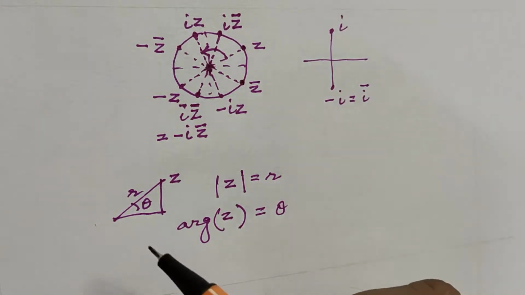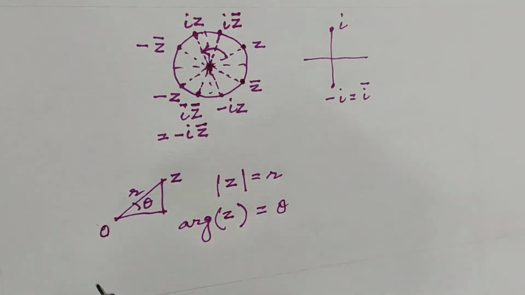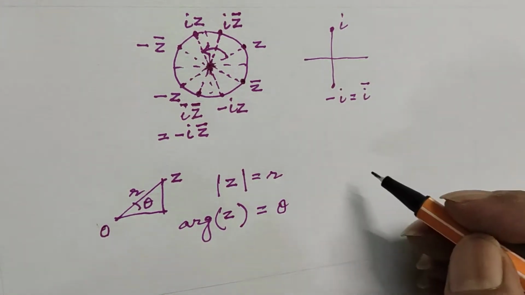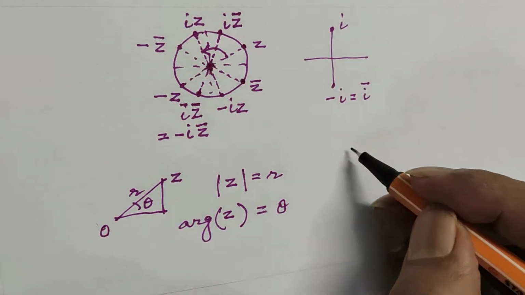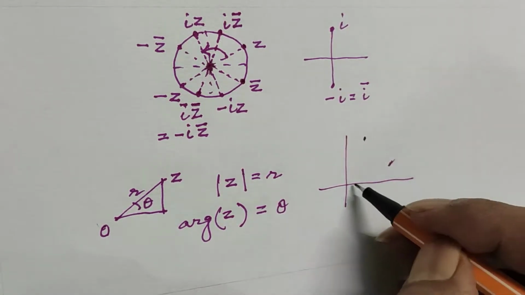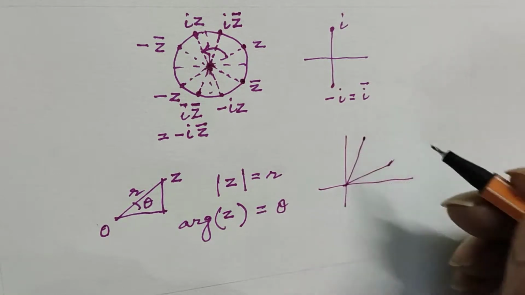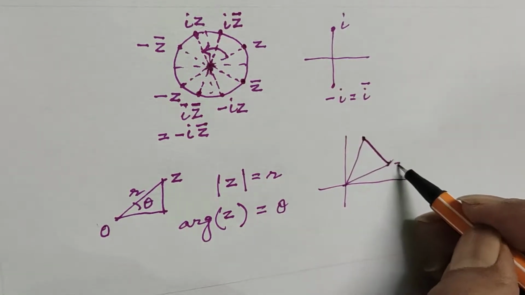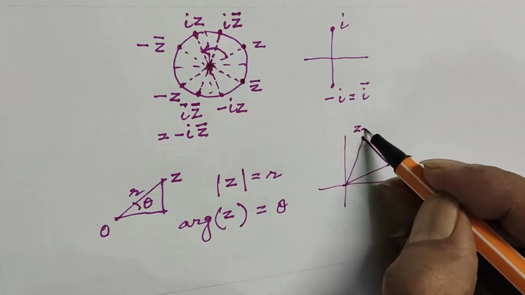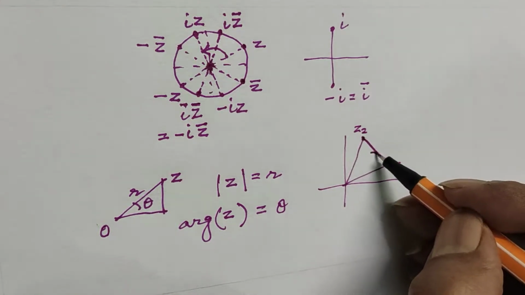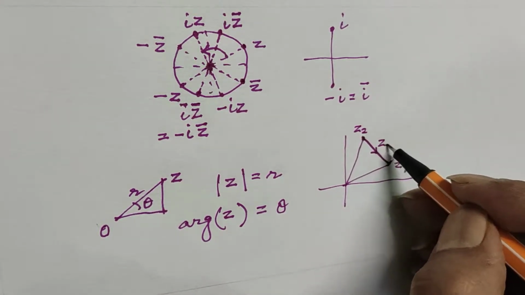Talking about distance from the origin is r. What about the distance between two points? That is two complex numbers. So if we have two complex numbers z1 and z2, then this is the difference or distance between z1 and z2. And we have seen by our parallelogram analogy, if the arrow is this side, we call this z1 minus z2.